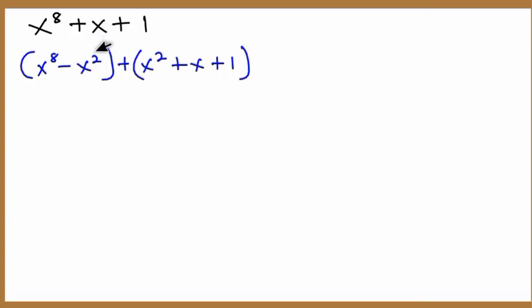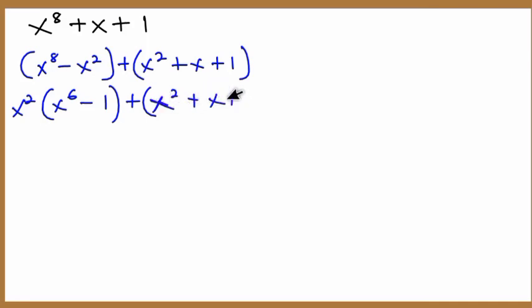Now let's move on. What we have to do next is to deal with this equation by factoring x^2 out. So my x^2 out, this one gives me x^6 - 1 closes, plus the whole of this one, x^2 + x + 1.